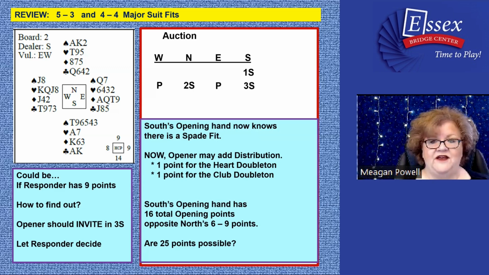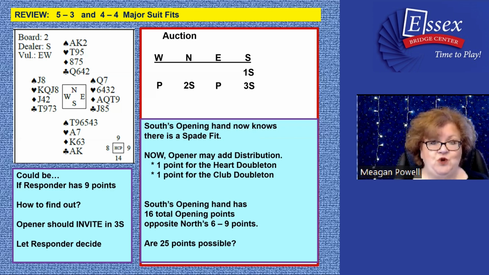Here's another way to think about it. If you look at the opener point ranges on the 3rd column, anytime responder raises you the minimum amount to show 6 to 9, you, opener, can use your opener point ranges with 16 to 18 medium opening points.